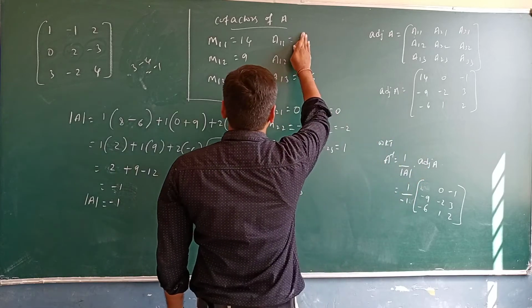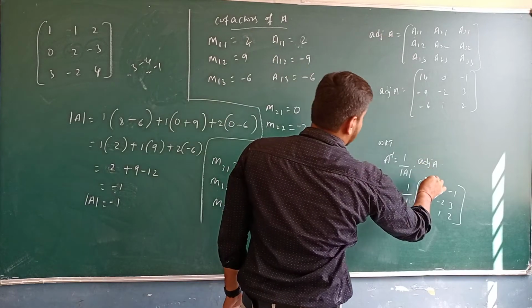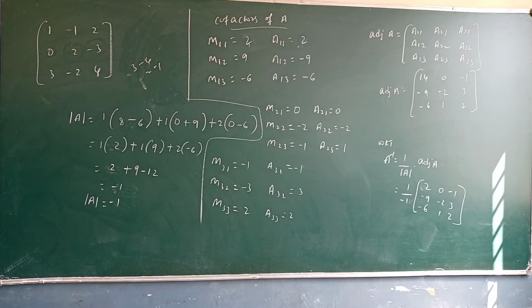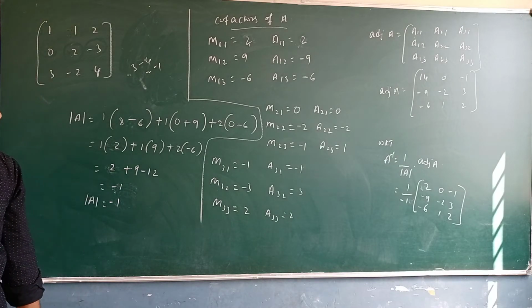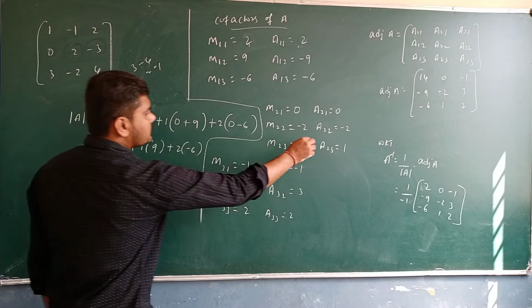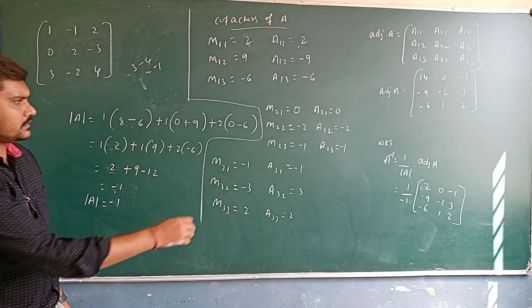Then 2 0 minus 1, minus 9 minus 2 3 minus 6, minus 1, this one. Plus 1.